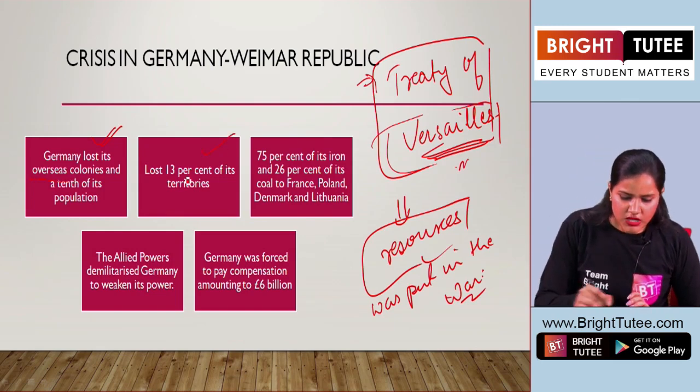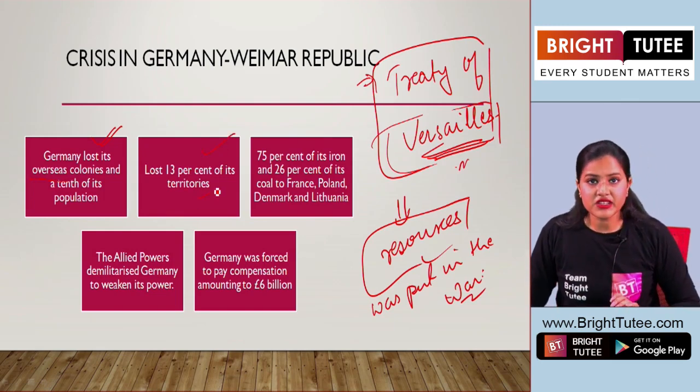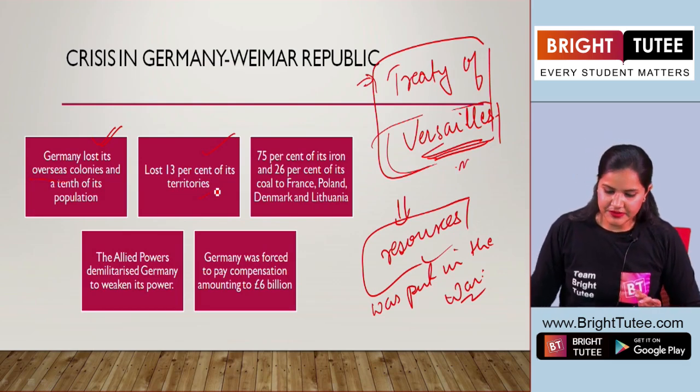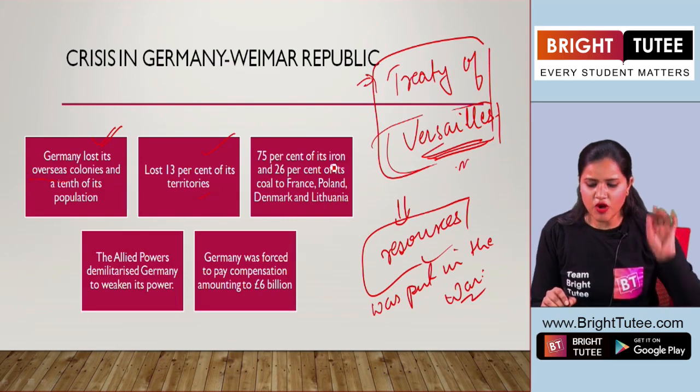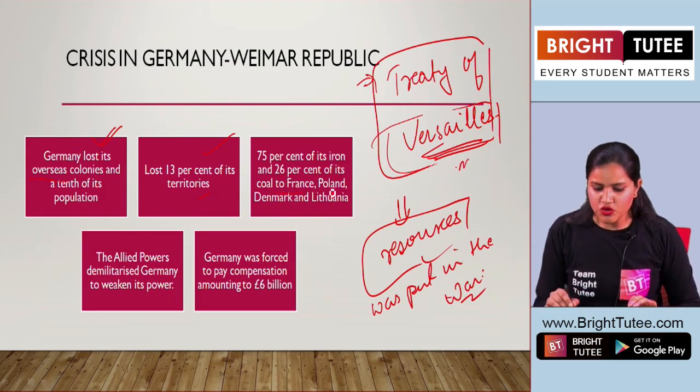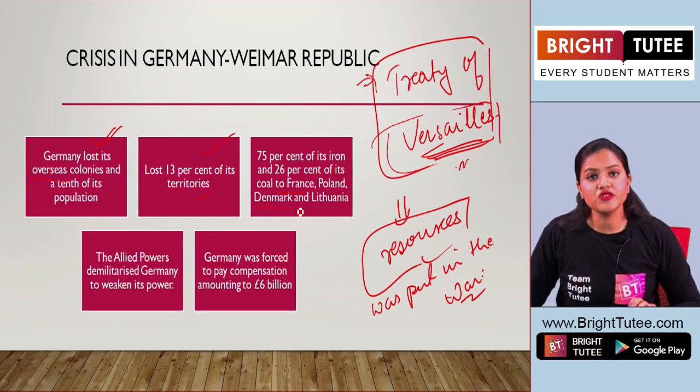It also lost 13% of its territories that were being divided among the victorious powers here. 75% of its iron and 26% of its coal was given to France, Poland, Denmark and Lithuania.